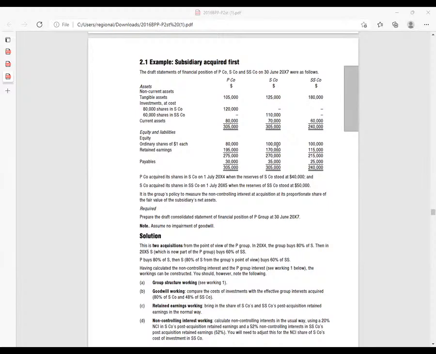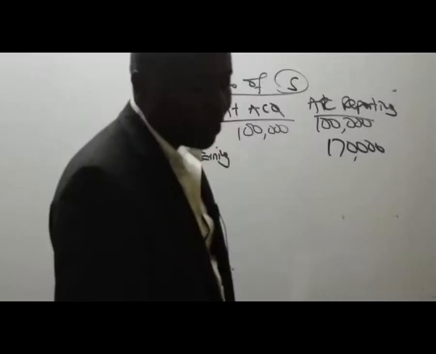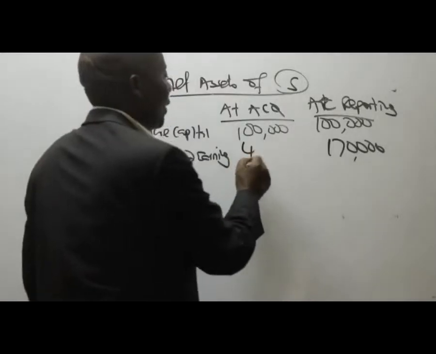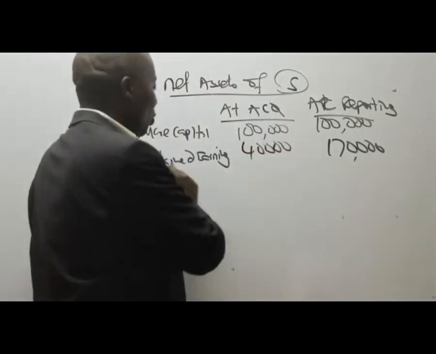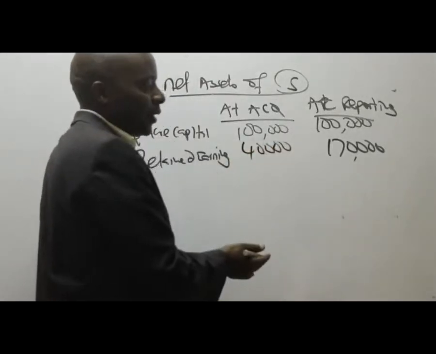But remember, we had retained earnings or reserves. We are told here, P company acquired the shares in S company on 1st July 2014, when the reserves or retained earnings stood at 40,000. So you can talk of retained earnings stroke reserves.